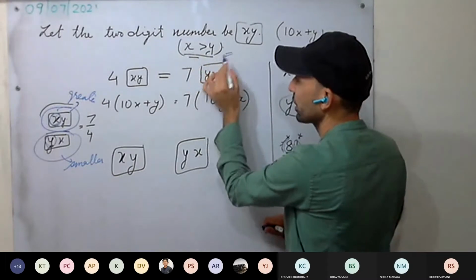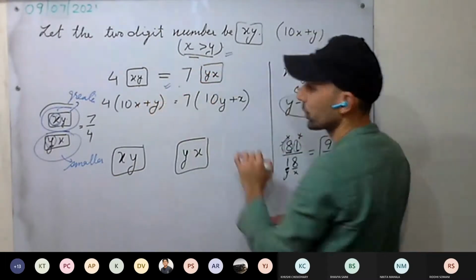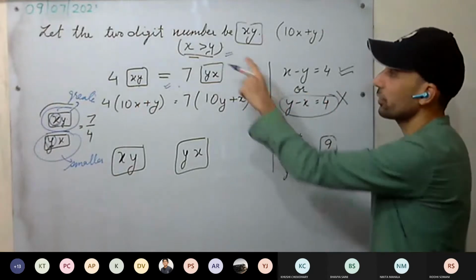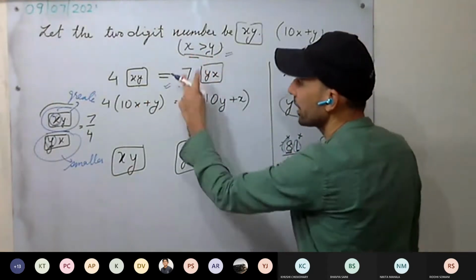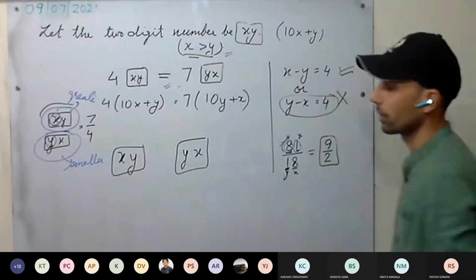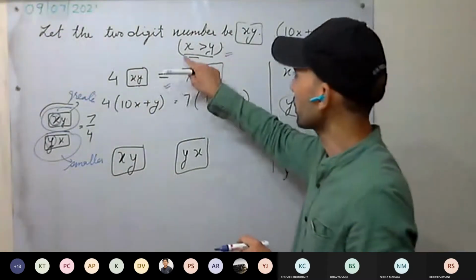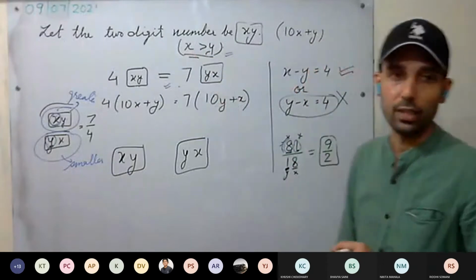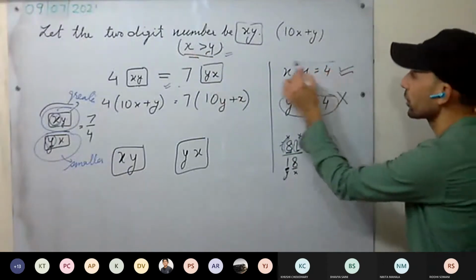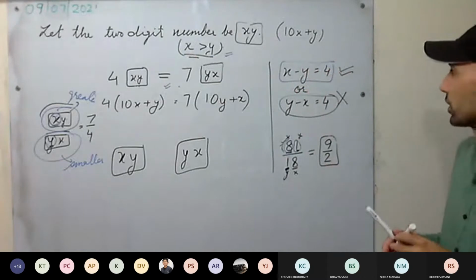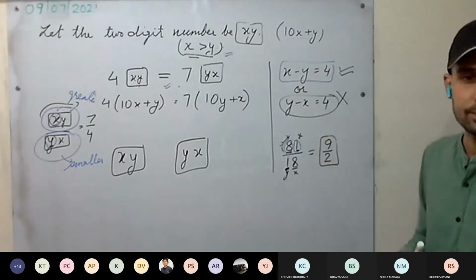If we take x greater than y, then only this equation will hold true, or else it will be reverse. If we take y greater than x, then it will be reverse. From the very first line we have taken x greater than y, so we have to take x minus y equal to 4, not y minus x.